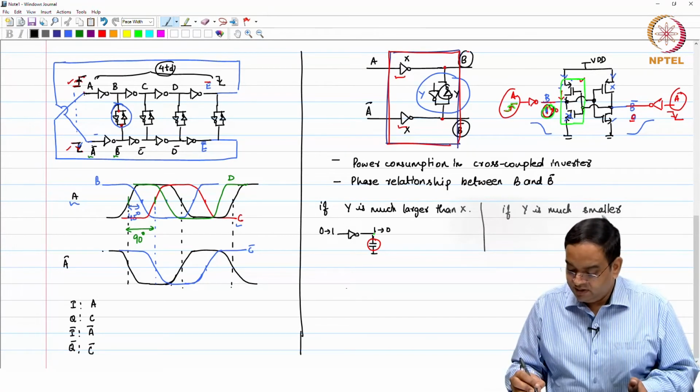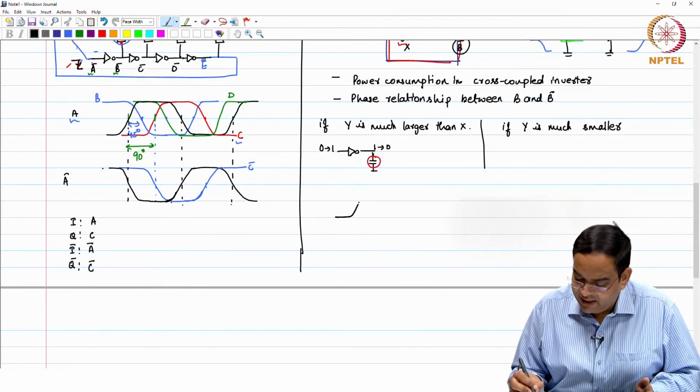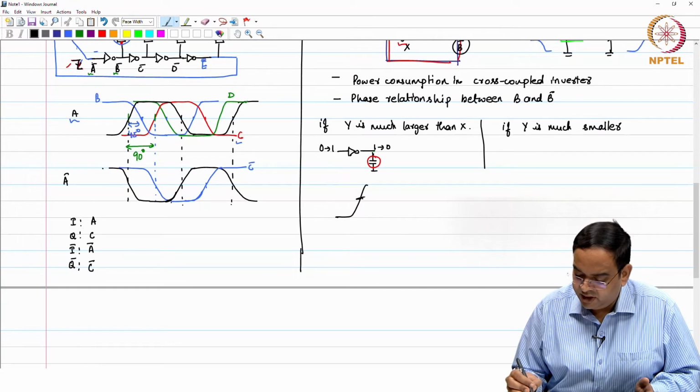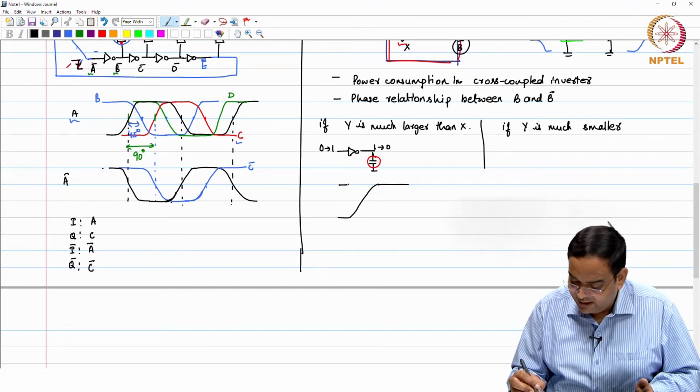So, it is like this. I have a transition at A like this, okay, and transition at B is exactly aligned, let us say, at 180 degree.